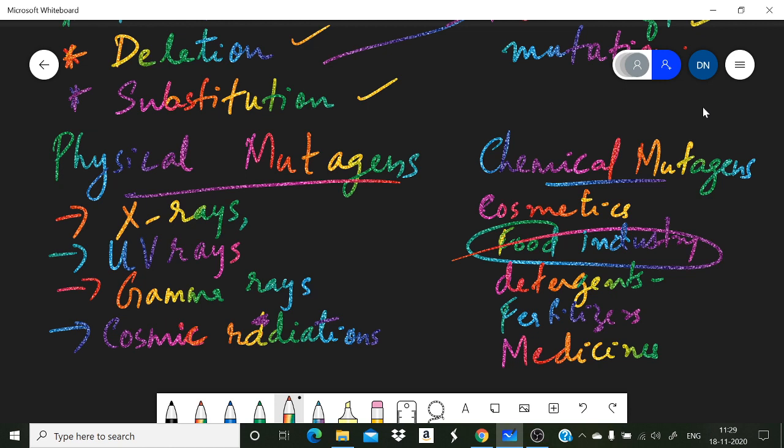So all these types of chemicals are mutation causing agents. Mustard gas is there.